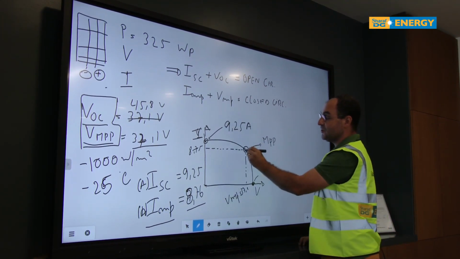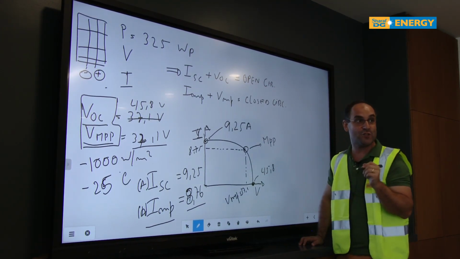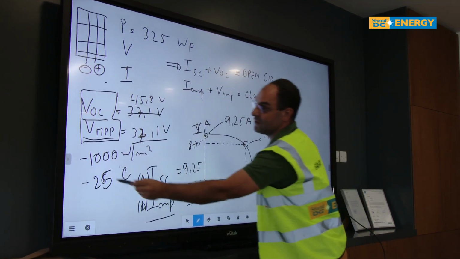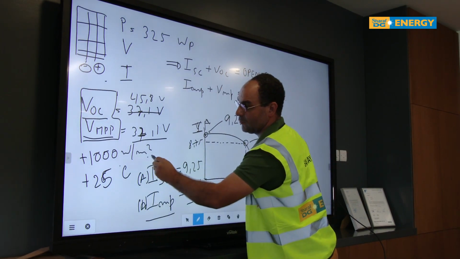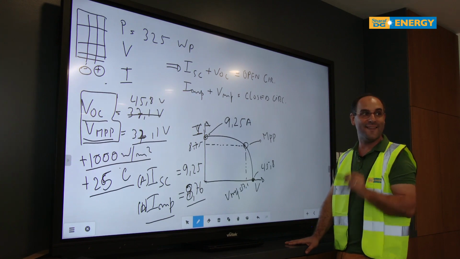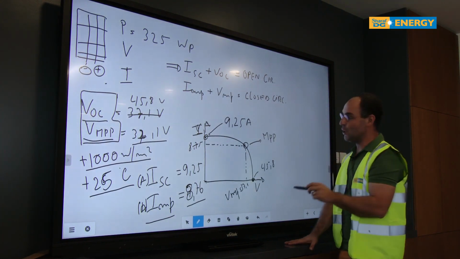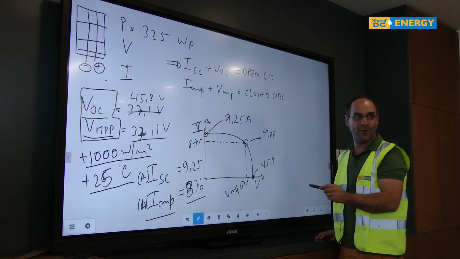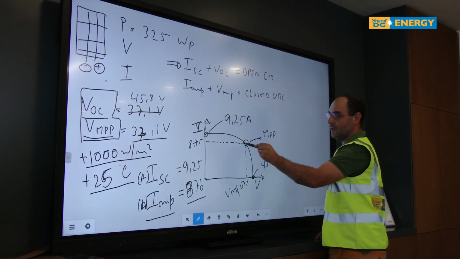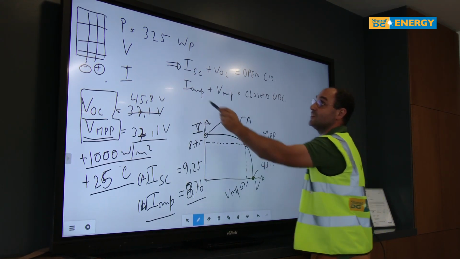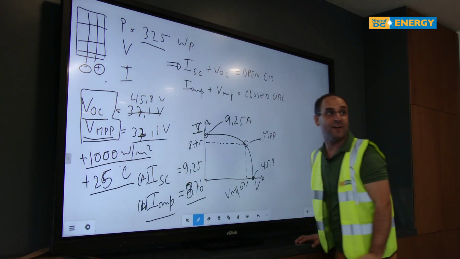So, under these conditions, which are the 1000 watts and 25 degrees, your panel will generate current at the maximum power point level at this point of the graph, which corresponds to the 325 watts.